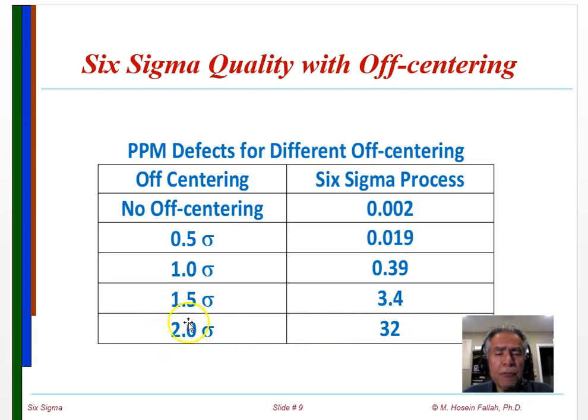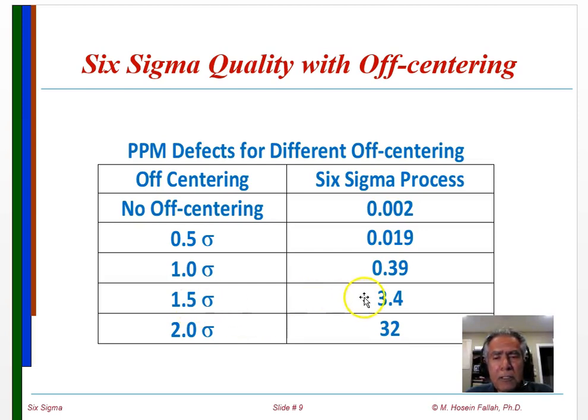If Motorola would have chosen 2 sigma for off-centering, then today we would be talking about a Six Sigma process that can produce 32 defects per million. But they decided to pick 1.5. That may look arbitrary, but it was essentially based on their experience in manufacturing processes.